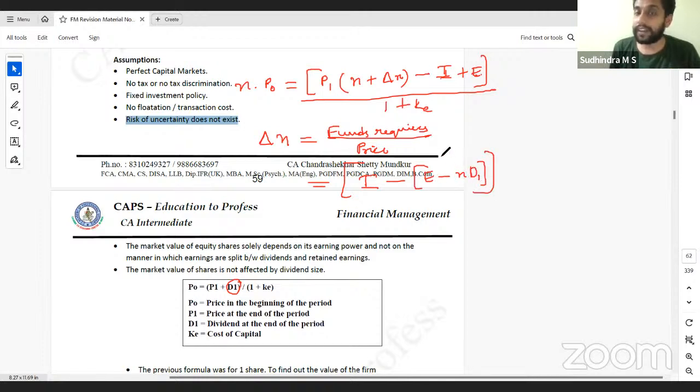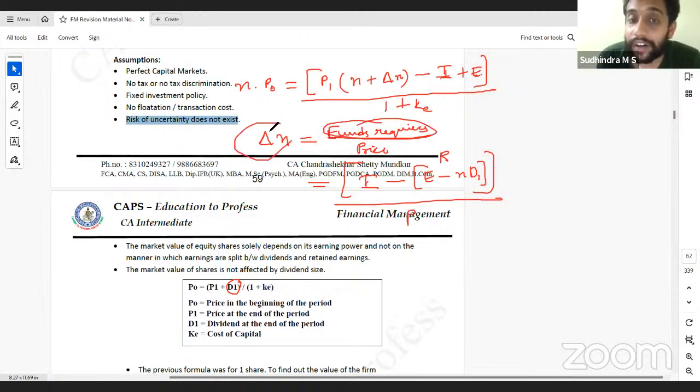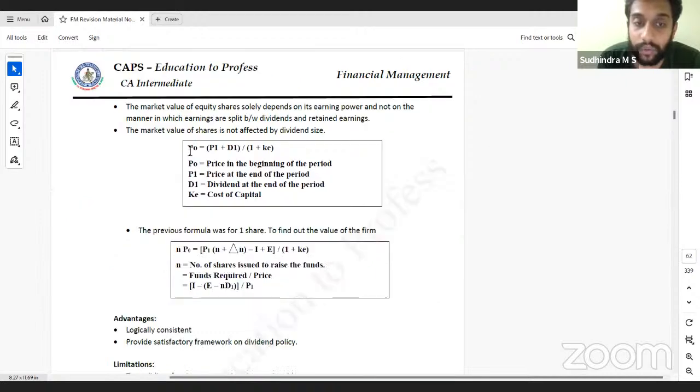Earnings minus dividend. That is the retained earnings. Investment required minus retained earnings available is the fund required. Whole divided by P. Price per share. That is how additional funds required, or the number of additional shares to be raised, is computed, right? These two very important formulas.